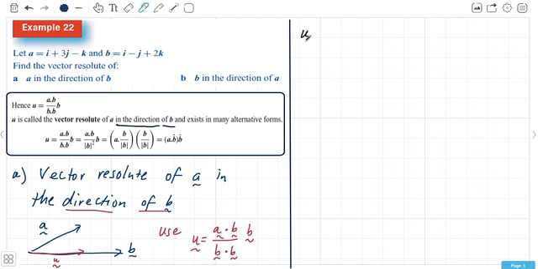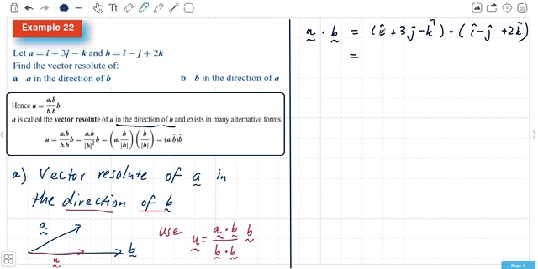So we've got u equals A dot B, and let's do the A dot B first. When you're doing dot product, I'm going to write out the whole vector here, i minus j plus 2k.